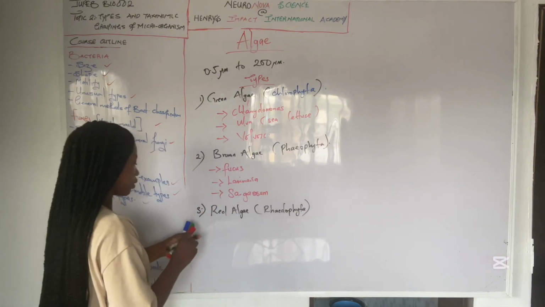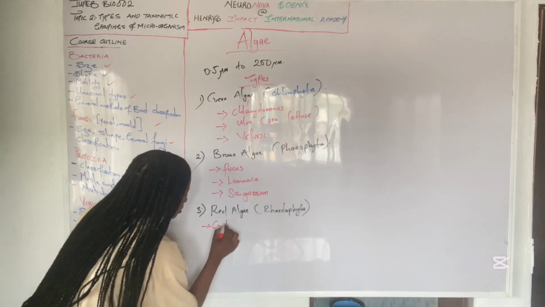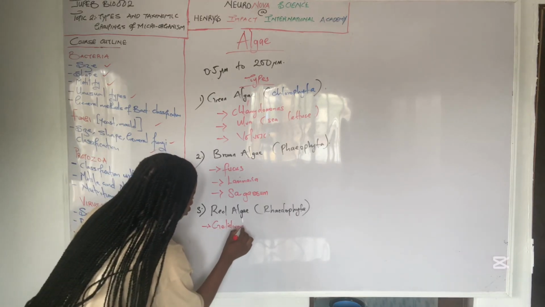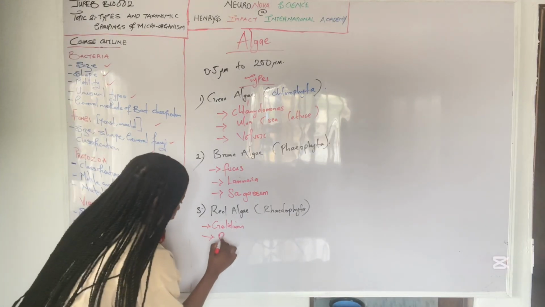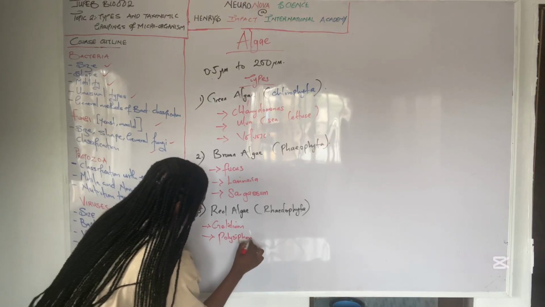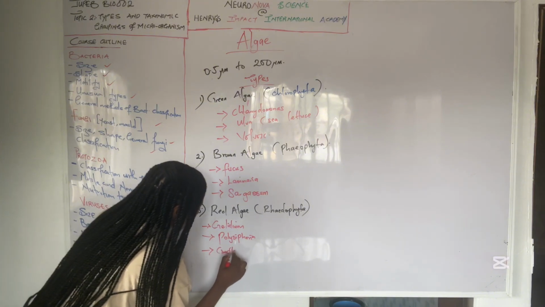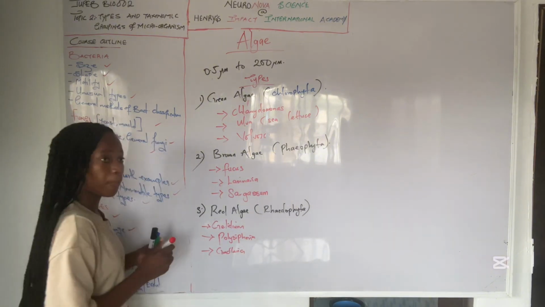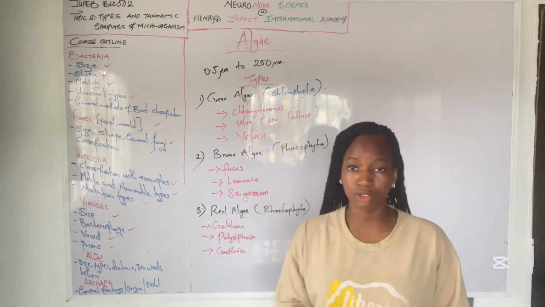Now some examples of this red algae: Gelidium, Polysiphonia, and Gracilaria. These are the major examples you experience whenever you come across any JUPEB question that has to do with algae.